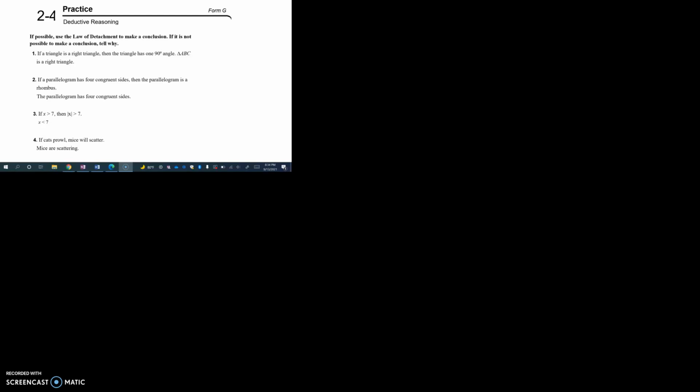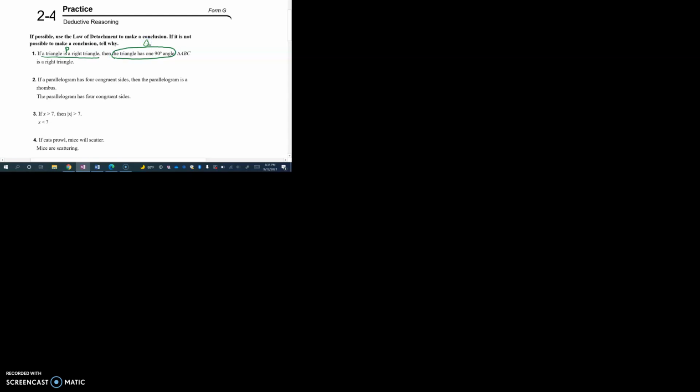If a triangle is a right triangle, then the triangle has one 90-degree angle. Triangle ABC is a right triangle. I like to find my P and Q first. There's our P: if a triangle is a right triangle, then Q, the triangle has one 90-degree angle.